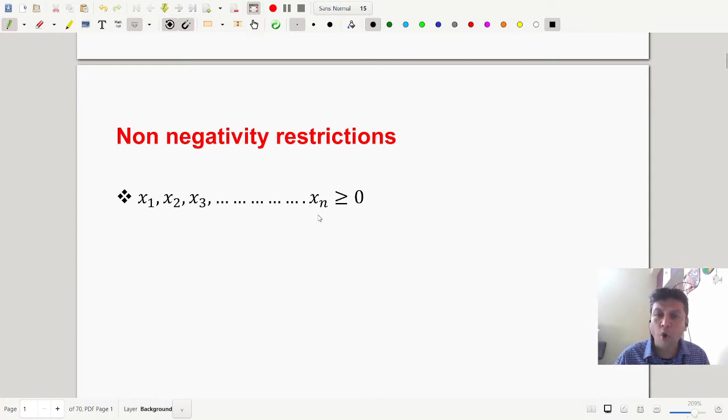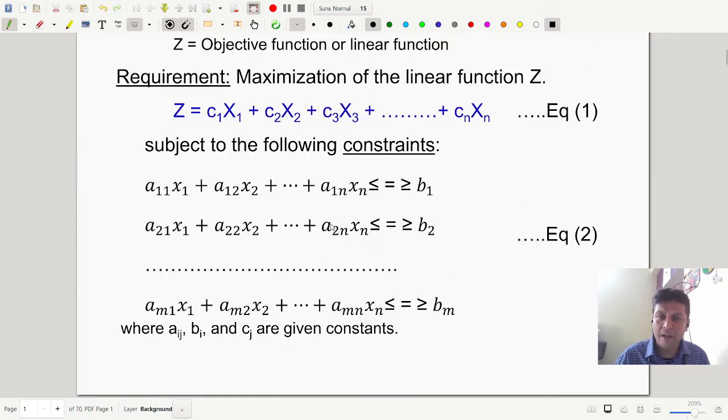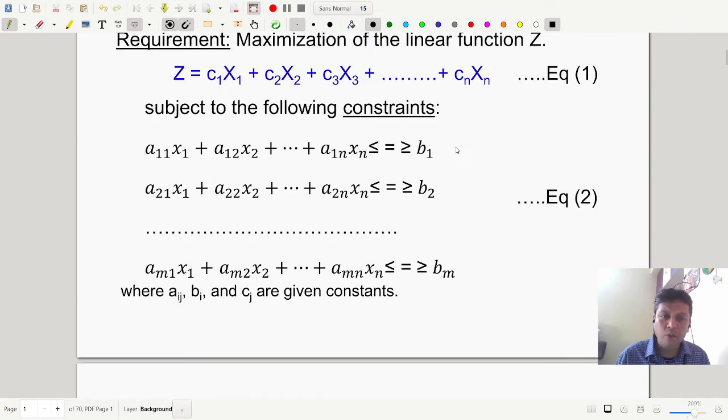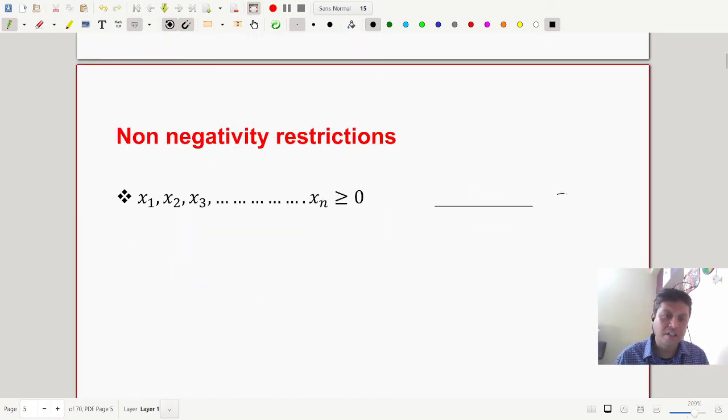So this is called the non-negativity restrictions. So these are the three parts of an LPP model, linear programming model. First is an objective function that is given by equation 1. Number 2, equation 2 is given by the constraints, and number 3 is the non-negativity restrictions. This is number 3.